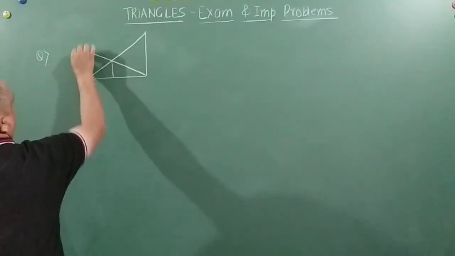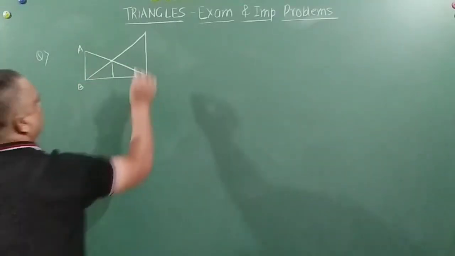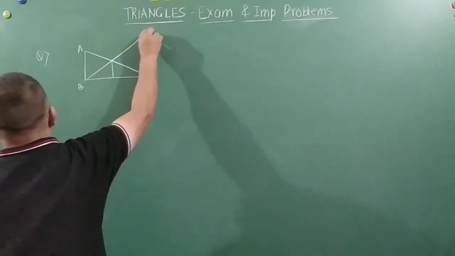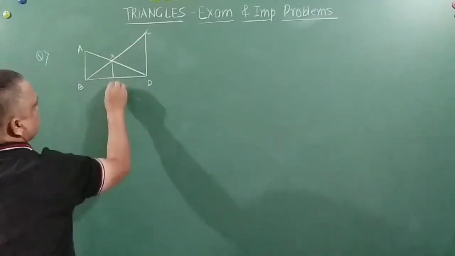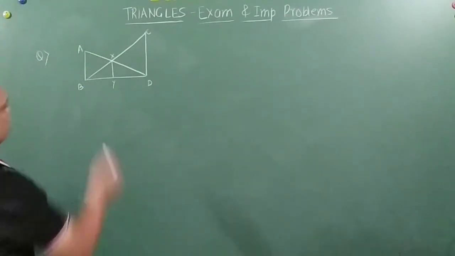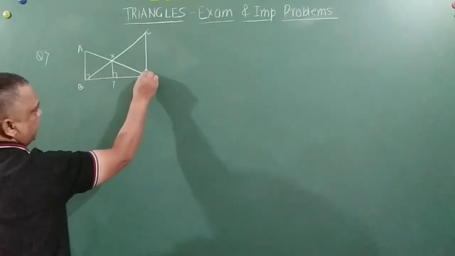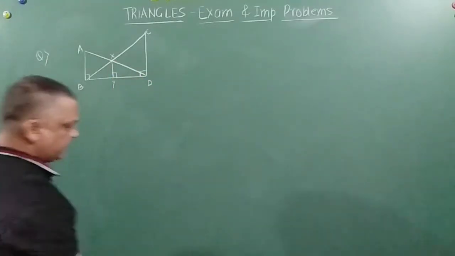See, this is A, B, D, and this is C, this is X, this is Y. Right, friends? So this all is given, and one more thing given is that this angle is 90 degrees, this is 90 degrees, and this is 90 degrees.